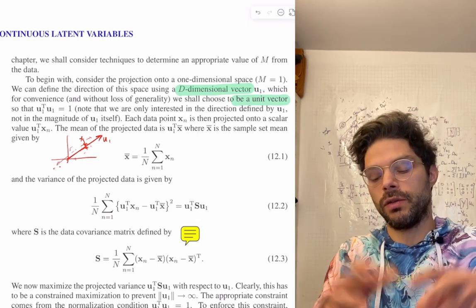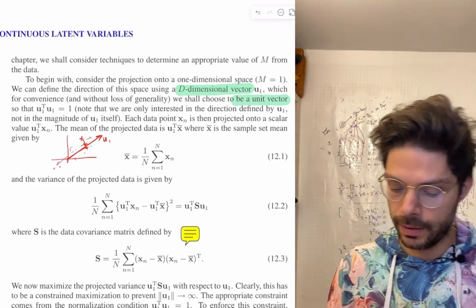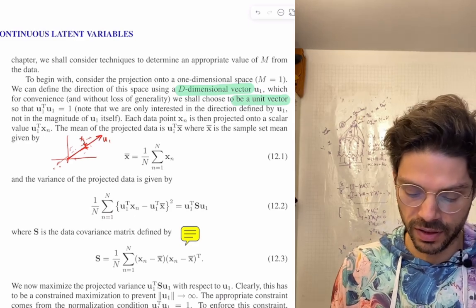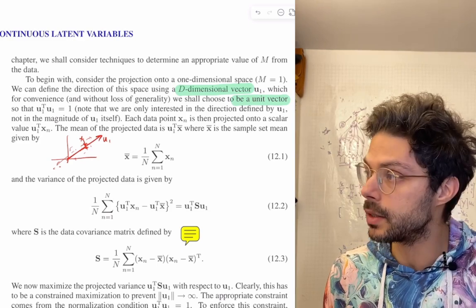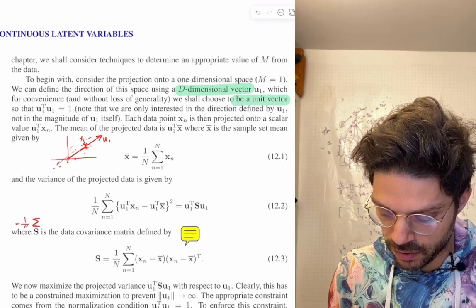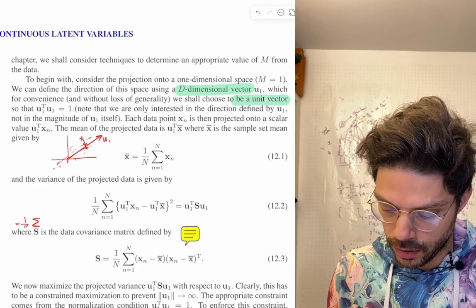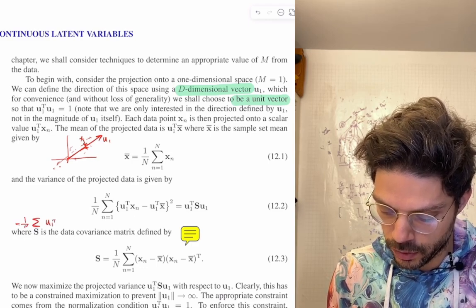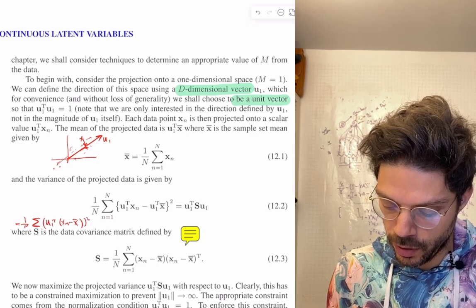So it's actually the projection of the overall covariance along a particular direction. And in case you don't see where this is coming from, make sure you guys can see this. This is 1 over n times the sum, so that's going to be u1 transpose (xn minus x bar), and you're kind of squaring that.